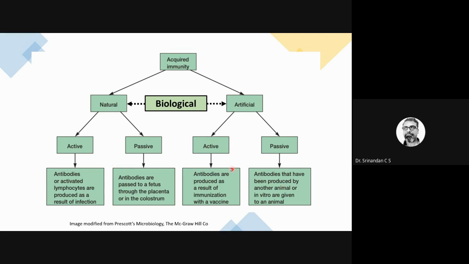It is not produced in you; rather, they inject you with antibodies produced by some other animal, which were actively produced, collected, and given as a therapy for you. So biologically also there is natural and artificial.